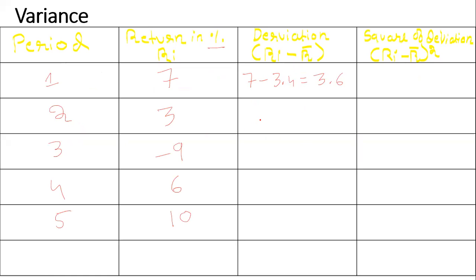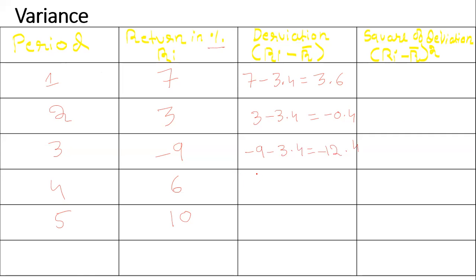That is the deviation. For the second period, 3 minus 3.4 will be minus 0.4. For the third year, minus 9 minus 3.4 will be minus 12.4.